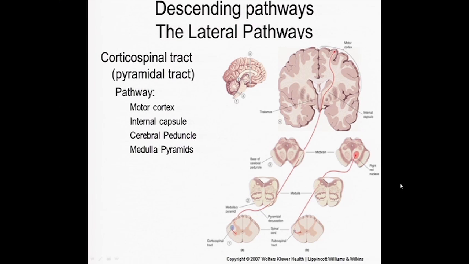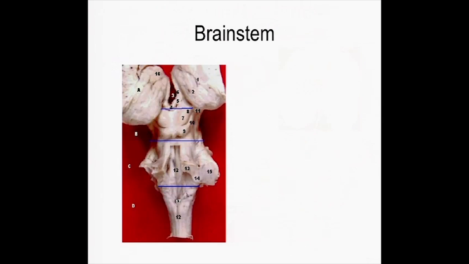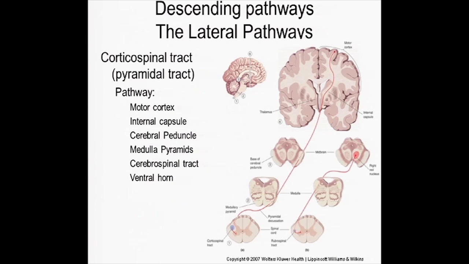They make a big triangle towards the bottom here. And then they decussate. They go through the decussation and then down into the corticospinal tract, which is that lateral dorsal tract, and then through the ventral horn and out through the ventral root to the muscles. So that's the pathway going from the brain all the way down to the muscle.